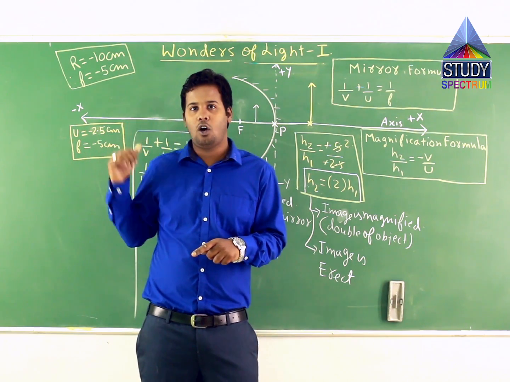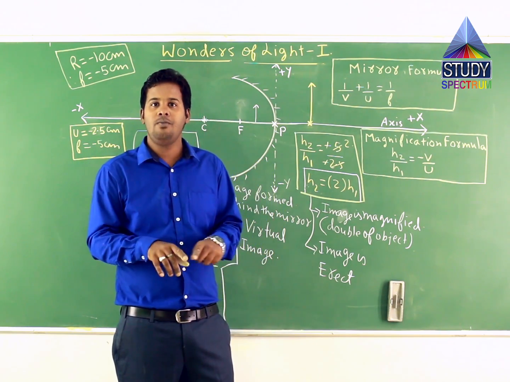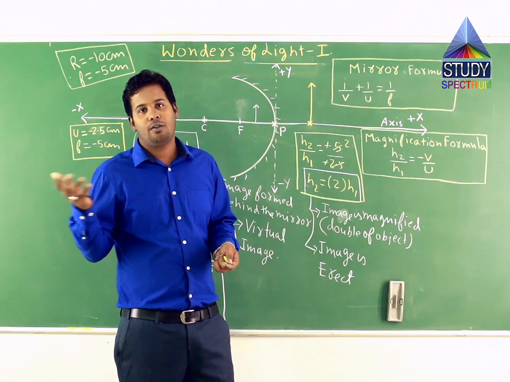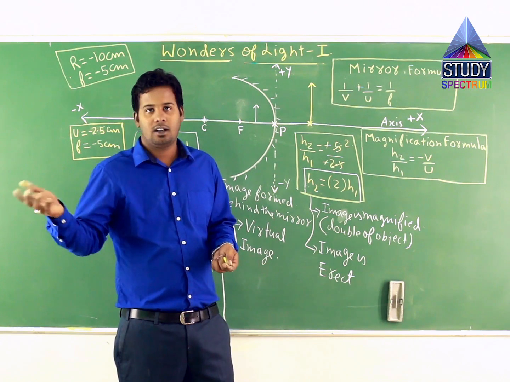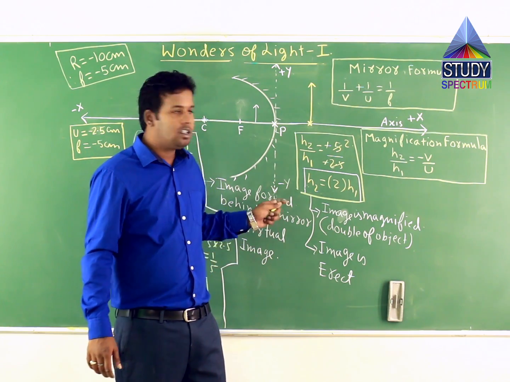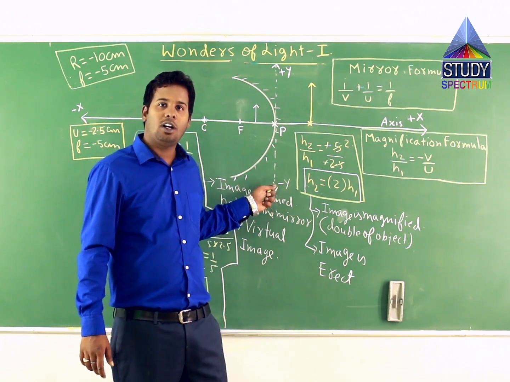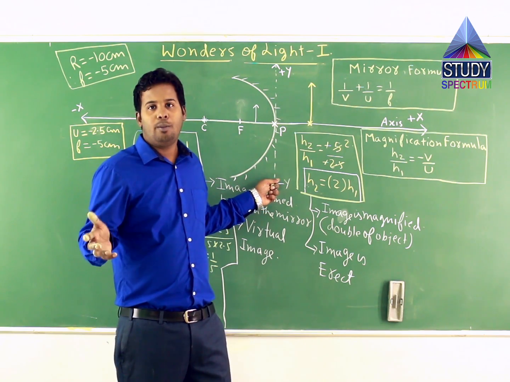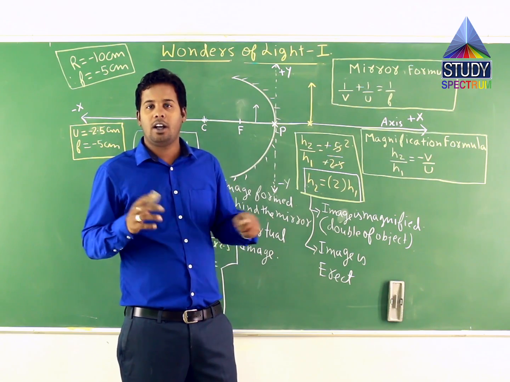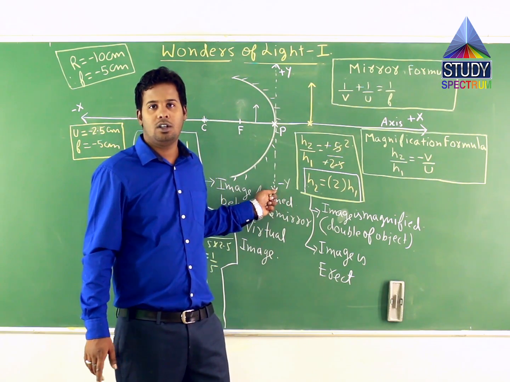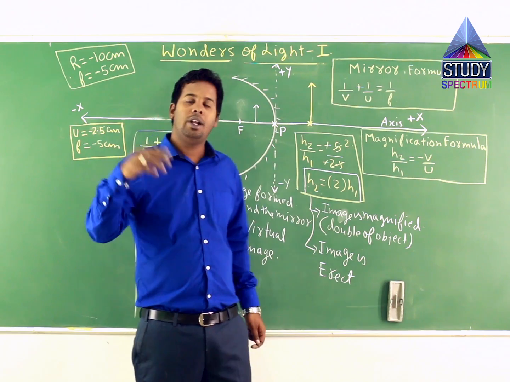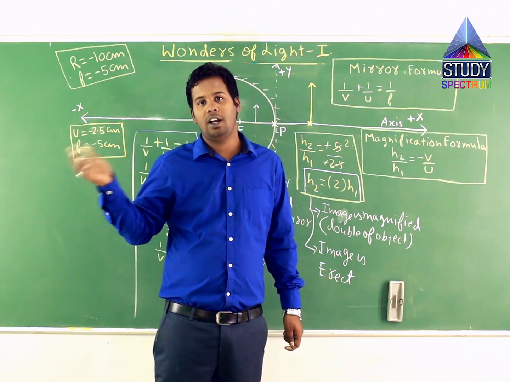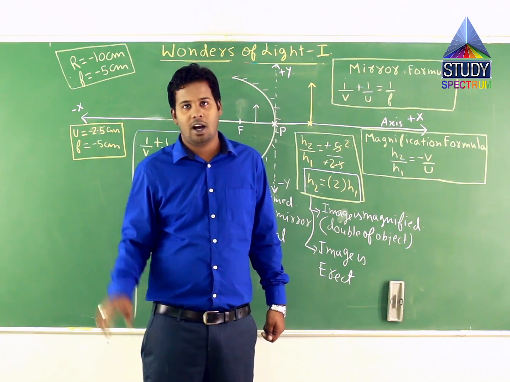Similarly, as we have done in concave mirror, when the data has not been given and still it asks for the size of the image, nature of the image, where it has been formed, etc. Okay, so let us understand for the convex mirror what the different cases possible are and why we need not memorize that tabular form and can solve quickly for theoretical questions. And also, when in numerical questions data has been given, then also we can substitute those values and easily calculate whatever has been asked in the question.